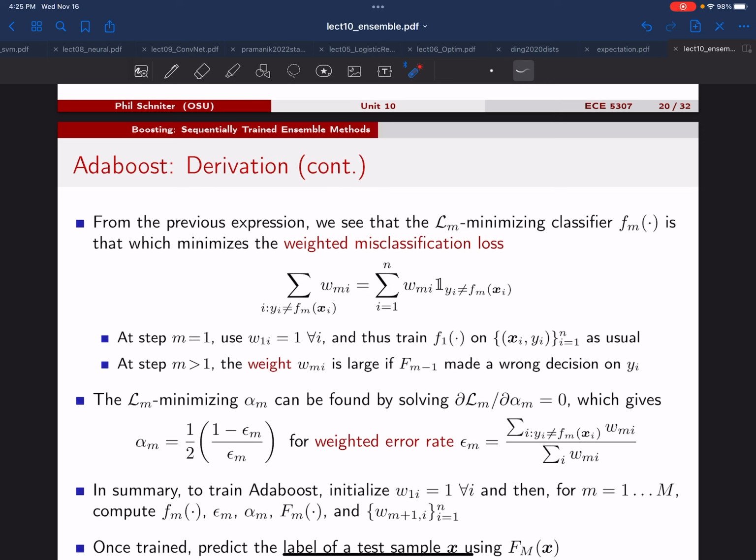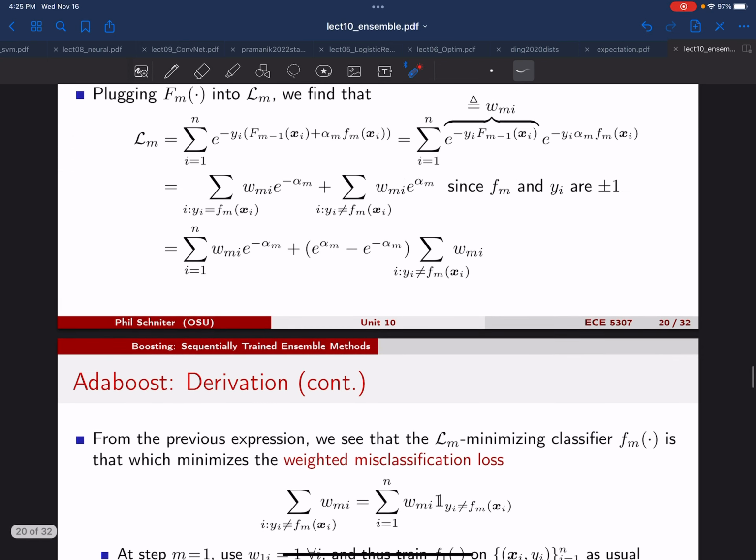All right, so we figured out how to train the f's. Now the last thing we need to figure out is how do we train the alphas. We want to minimize this loss, and we know our f, so everything is known except for these alpha terms. We can just use the standard approach where we take the gradient of this with respect to alpha and set it to 0.